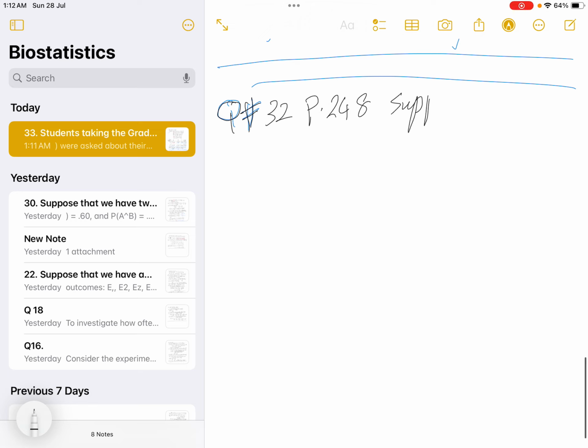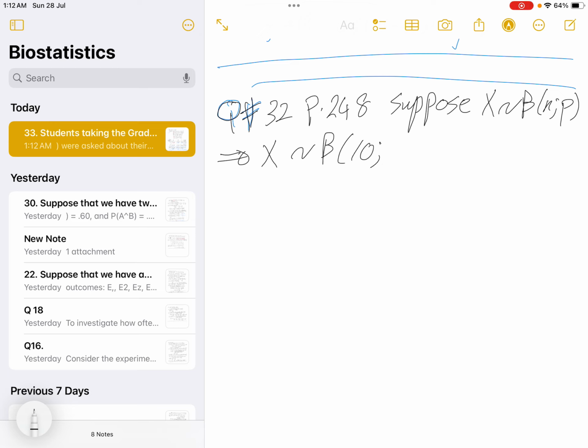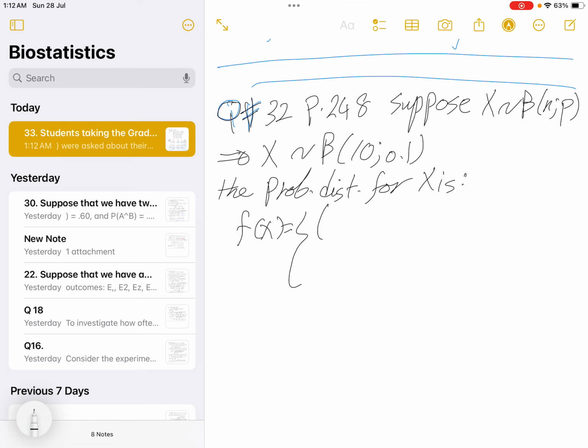Suppose x has binomial n semicolon b, which means that x has binomial 10 and 0.1. Here, the probability distribution for x is f of x equal n over x.